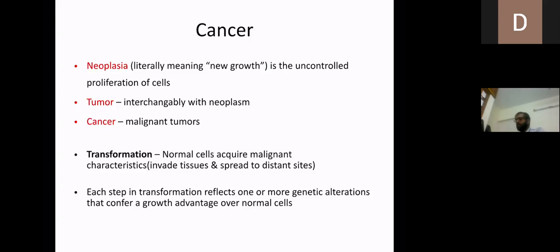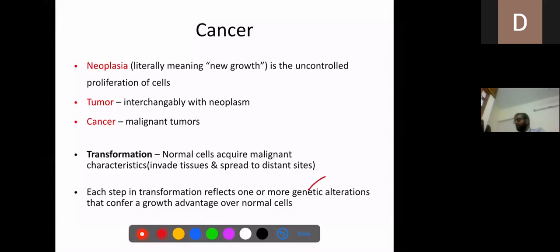In cancer generation, transformation is the important process. That means the normal cells acquire the malignant characteristics; that is, they invade the tissues and metastasize. Each step in this transformation reflects one or more genetic alterations.